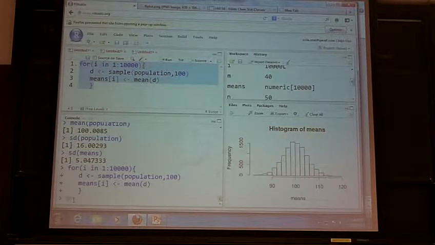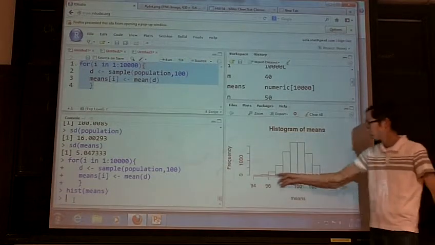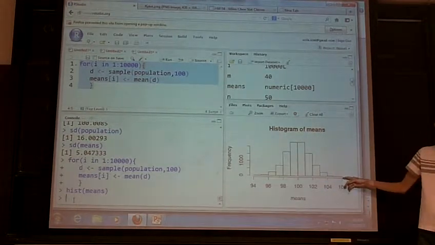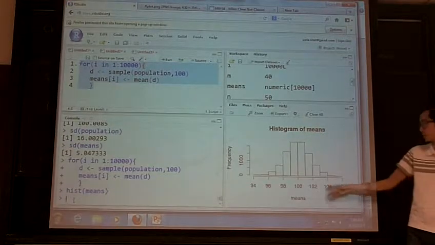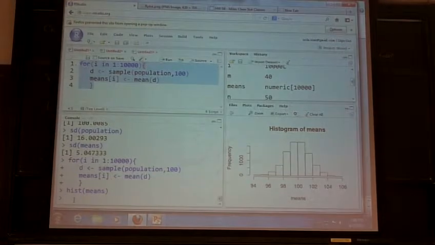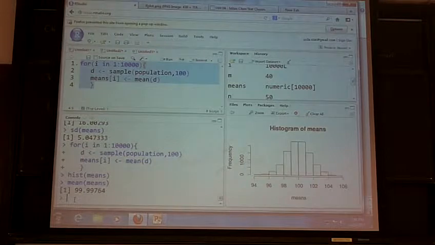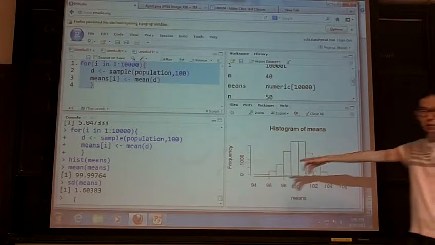Let's take a look at the histogram of means. Indeed, the range is even smaller, going from 94 to 106. We rarely saw the average being 106. Most of the time it was like 99 or 101. We can ask for the mean of the means. Still very close to our population mean. And the standard deviation of the means is even smaller, at 1.6.